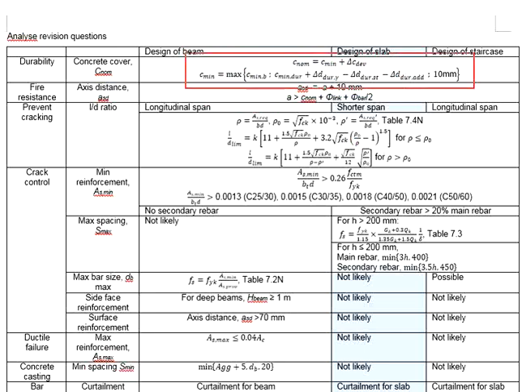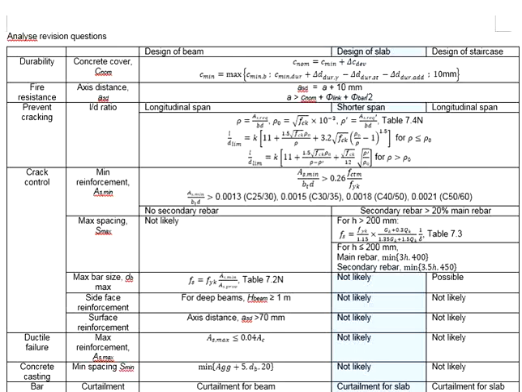These are the equations used for the concrete cover, which is applicable to all the members, beam, slab, and staircase. In fact, when you design those members, the concrete cover will be the first one to be determined, depending on the exposure class of that particular concrete member.